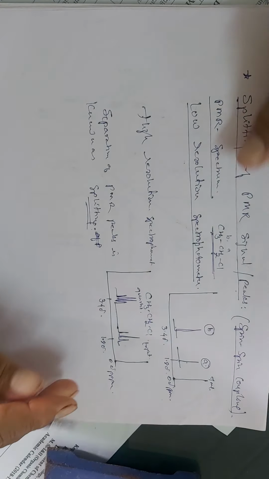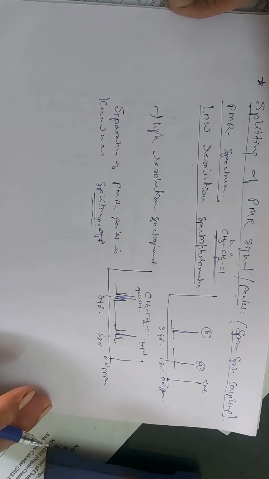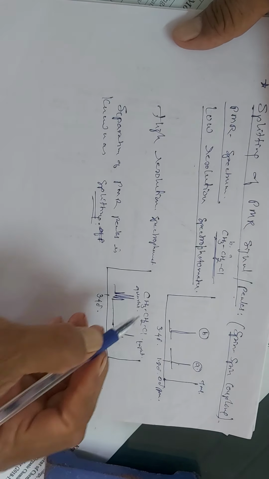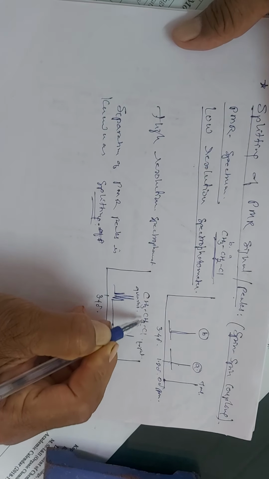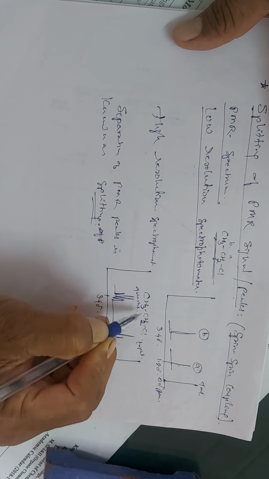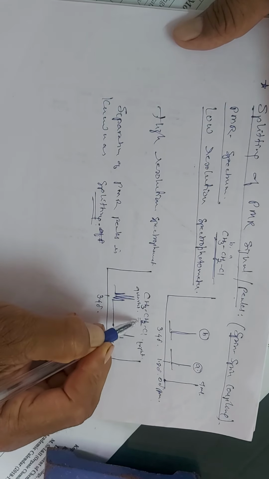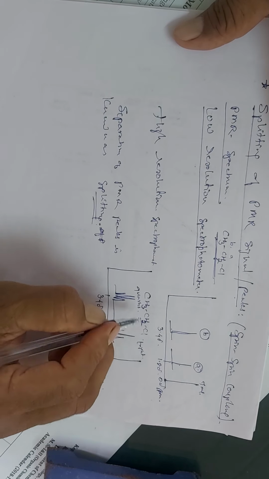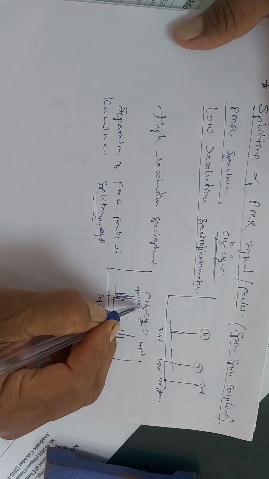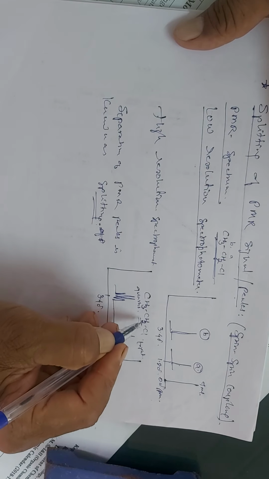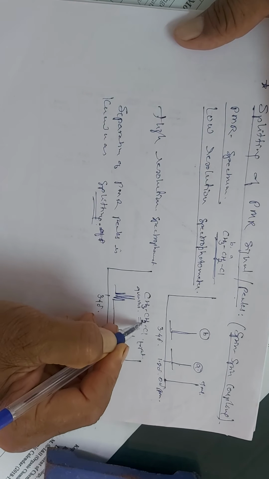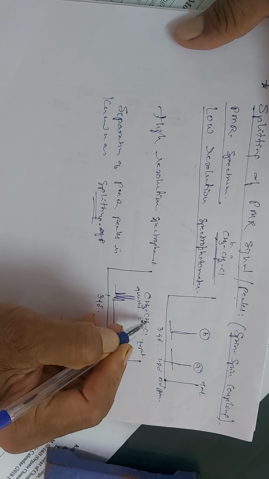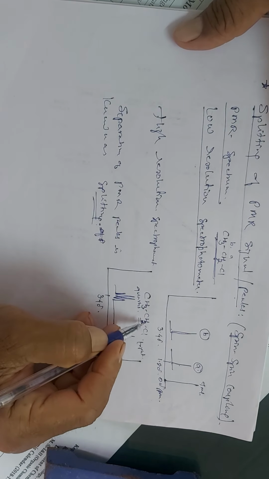Why is this splitting taking place? These two magnetic nuclei have the same electronic environment, and these three magnetic nuclei have the same electronic environment. The electronic environments are different, but these nuclei are also spinning around their own axis and creating a magnetic field.